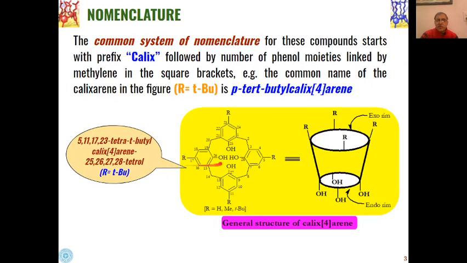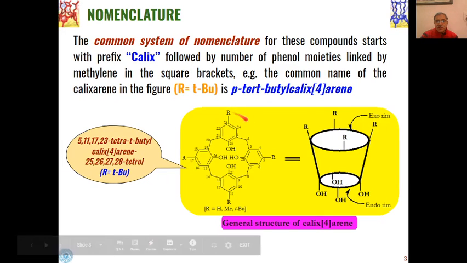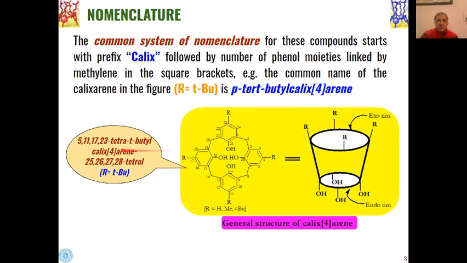Therefore the name will be 5, 11, 17, 23-tetra-tert-butyl calix[4]arene, because 4 phenol moieties are there, 25, 26, 27, 28-tetraol.